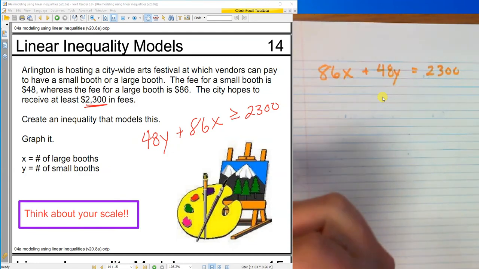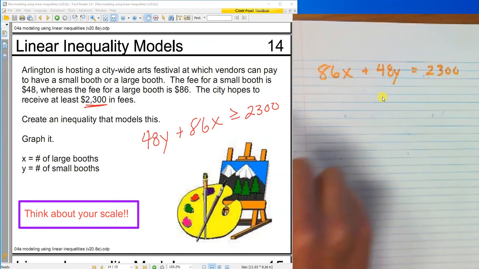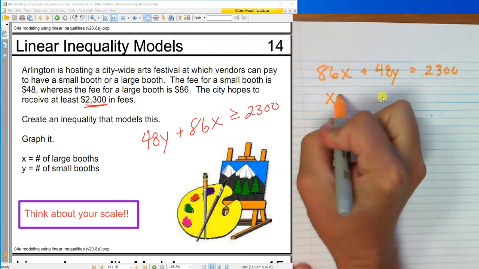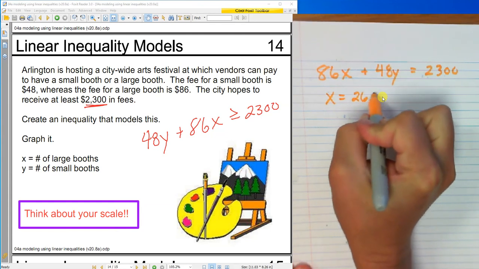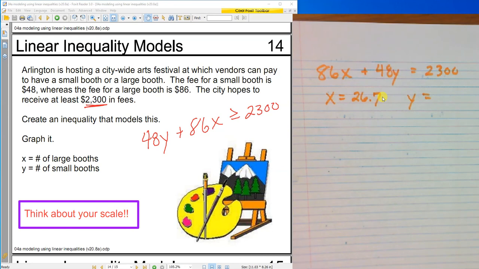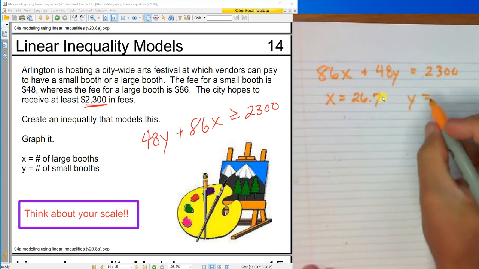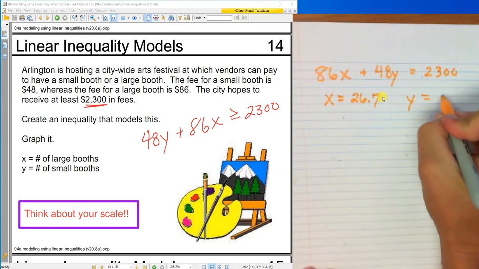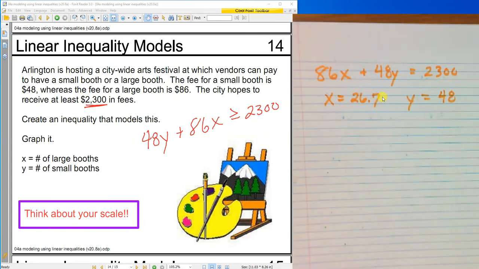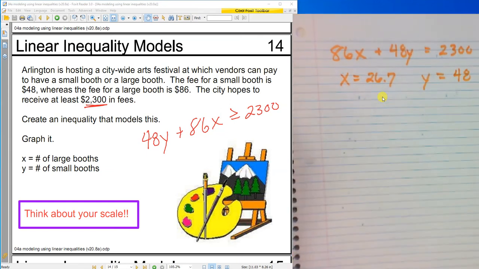So if I do mini equations, I'm going to do 2300 divided by 86. So x equals 26.7. y equals, dividing it by 48, it's pretty close to 48. So 48 times 48 is pretty close to that number. Okay, good. So let's graph this.